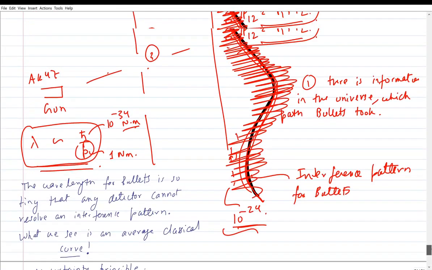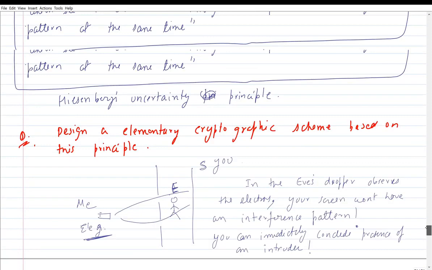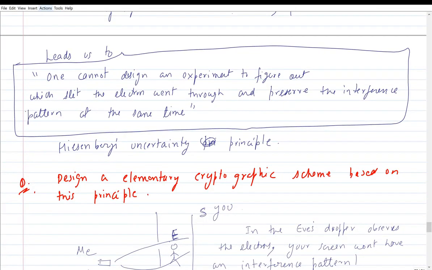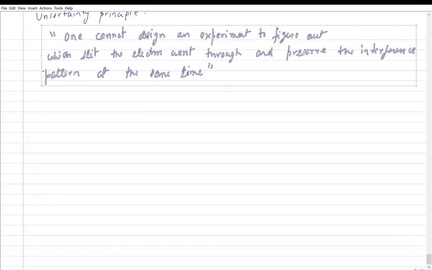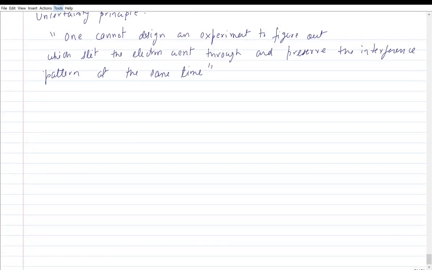We'll just quote our formulation of the uncertainty principle again. The uncertainty principle protects quantum mechanics. Think about it.